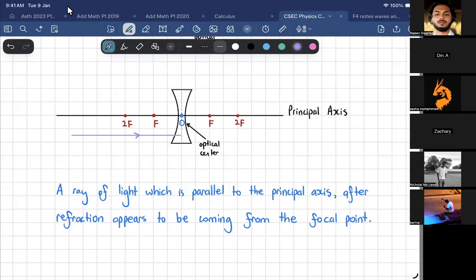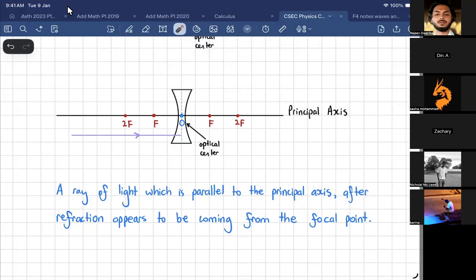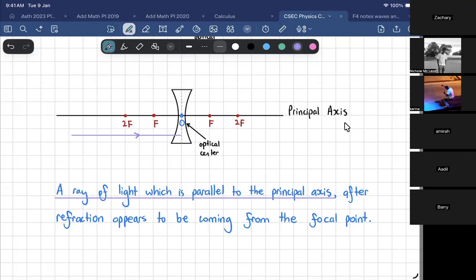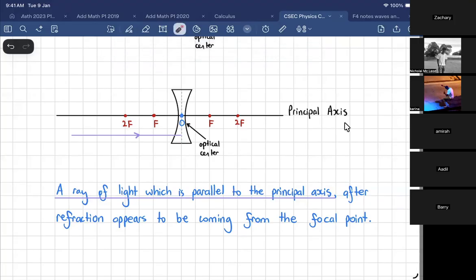Anybody confused by that first part? If you're confused, this line is a ray of light. This line is the principal axis. These lines will never ever touch, so they are parallel.